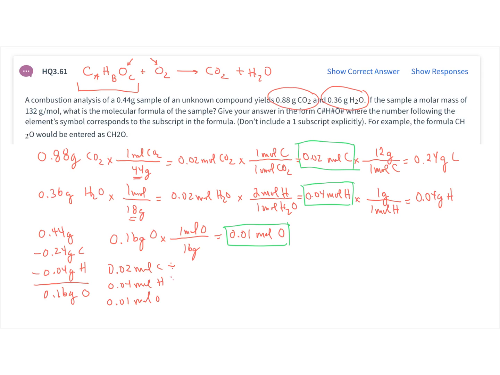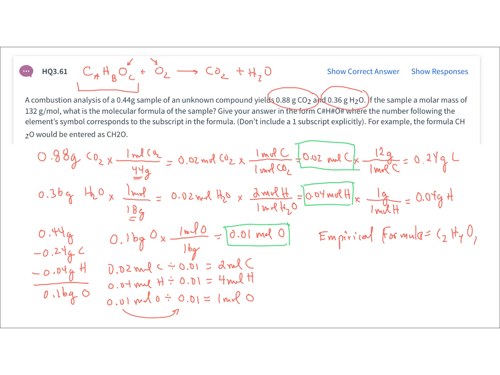I want to divide each of these by the smallest number, which will guarantee at least 1 whole number, so I'm going to divide everything by 0.01. So I have 1 mole of oxygen, 4 moles of hydrogen, and 2 moles of carbon. This is my empirical formula: C2H4O1.